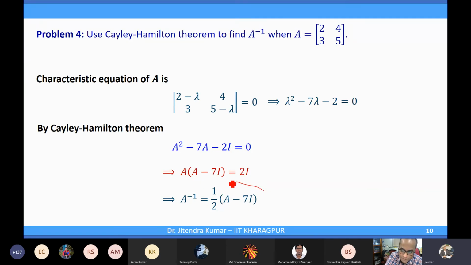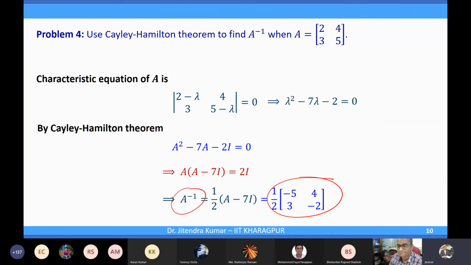By this simple calculation, you got A inverse. A is given, subtract 7I and divide by 2. This is the inverse, provided the inverse exists. Don't try to get A inverse where the inverse does not exist. If the inverse exists, you can easily get it out of this equation.